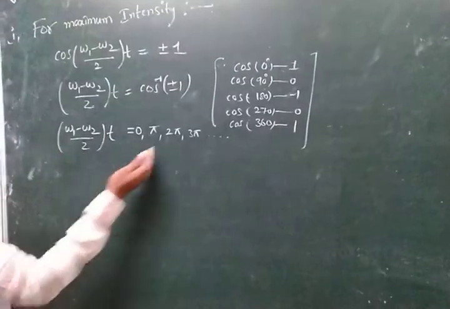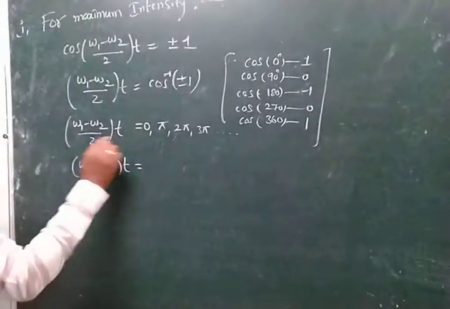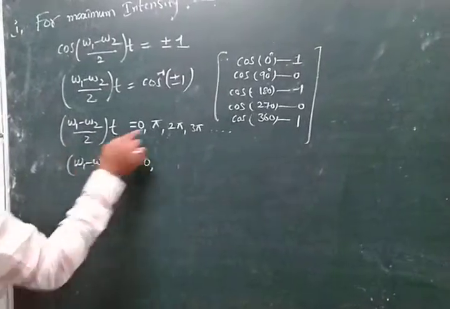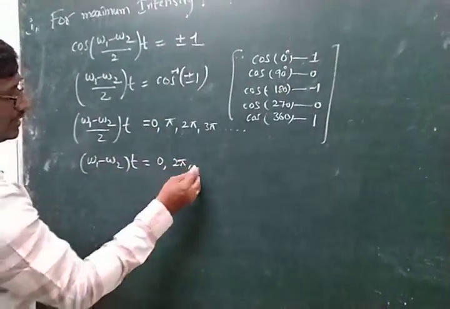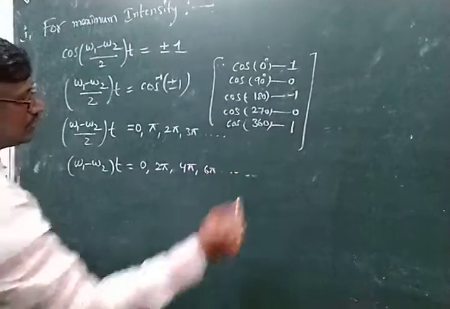Next, cross multiplication: (omega 1 minus omega 2) into t is equal to 2 into 0, that is 0; 2 into pi, that is 2 pi; 2 into 2 pi, that is 4 pi; and 6 pi and so on.